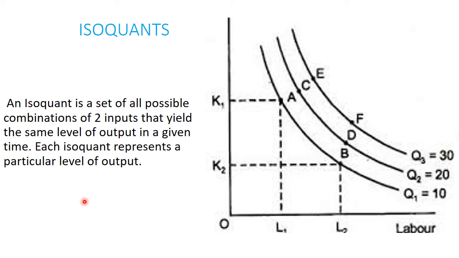Here capital may remain the same, but labor will increase. So that is why the production level increases to 20. And the higher the isoquant, the higher the production. So an isoquant is a set of all possible combinations of two inputs that yield the same level of output in a given time. Each isoquant represents a particular level of output.